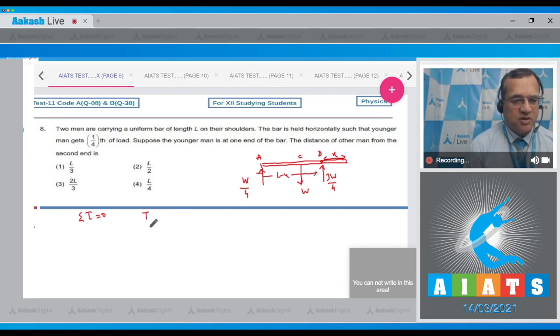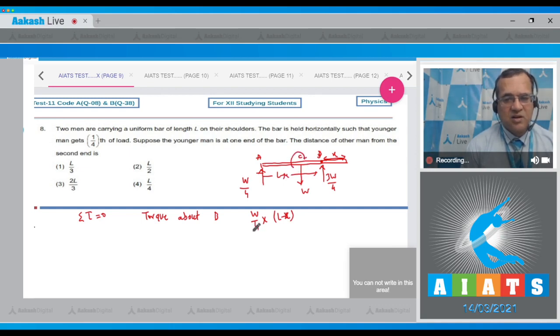Now take the torque about the point B. That is equal to W by 4 multiplied by L minus X, and this direction is clockwise, which I can take as negative. And the torque of the weight about this point is W into this distance, which is L by 2 minus X, and the sum should be equal to 0.